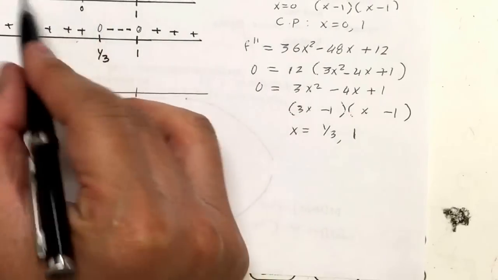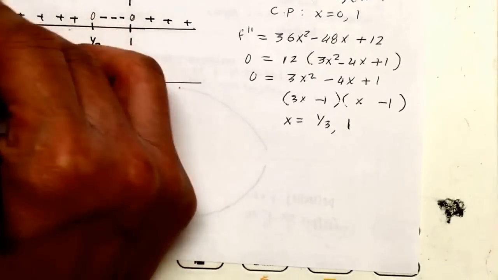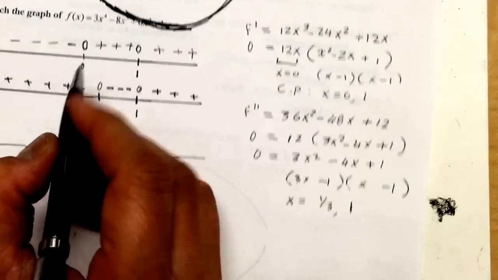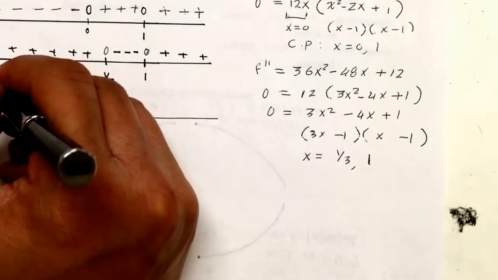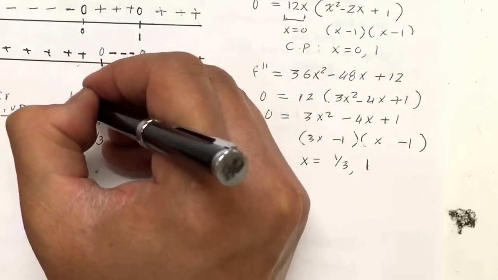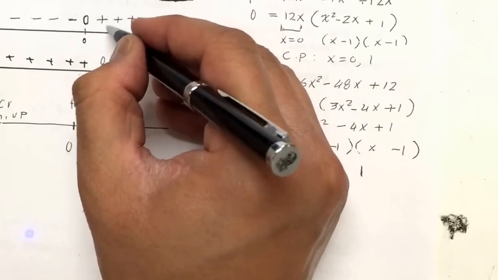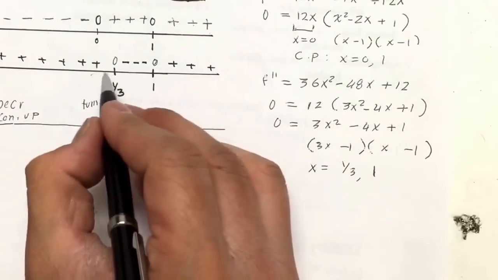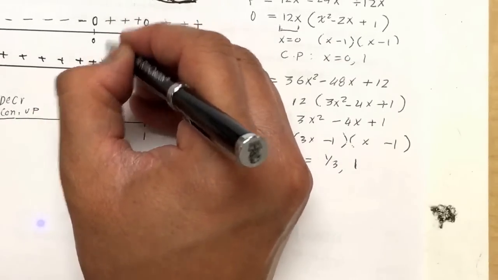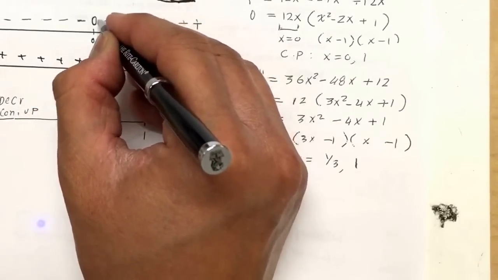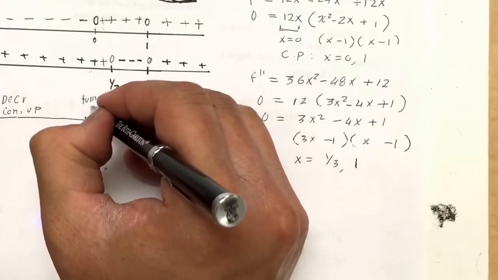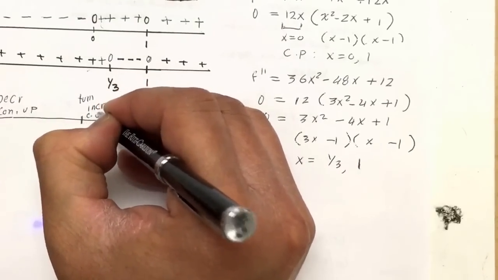And now we make a little note for ourselves. This is decreasing, concave up. This is where the graph turns. From 0 to 1/3, the graph is increasing, concave up.